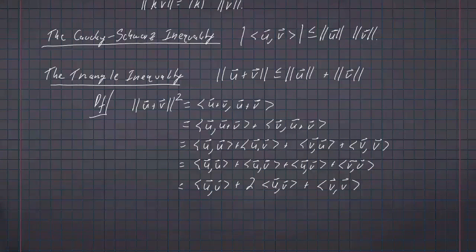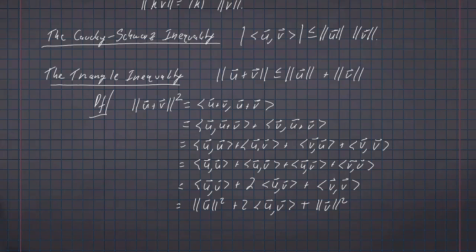The inner product of u with itself is the norm of u squared, and the inner product of v with itself is the norm of v squared.